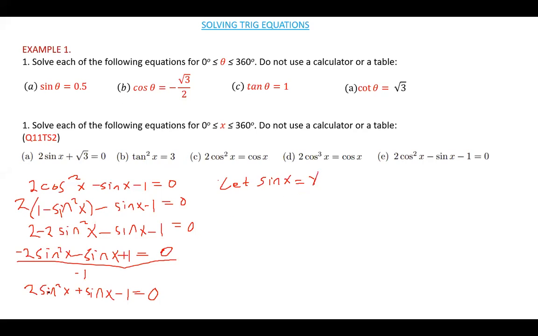So while there's sine x in this, I'm going to put y. So I don't want to confuse myself when it comes to solving this equation. If you want, you can solve it the way it is, but it's better when you change it to something that you can solve quickly, because writing sine x will spend more time than just writing y. So this is 2y squared plus y minus 1 is equal to 0.